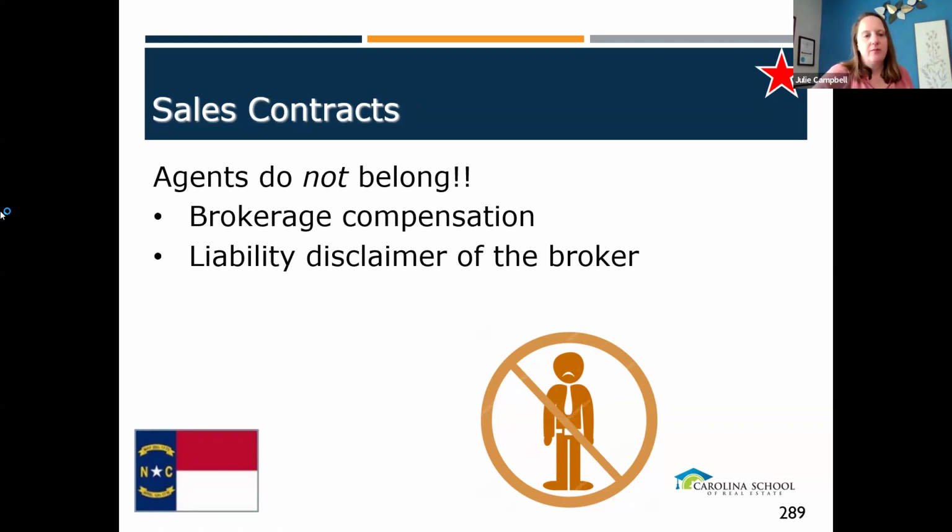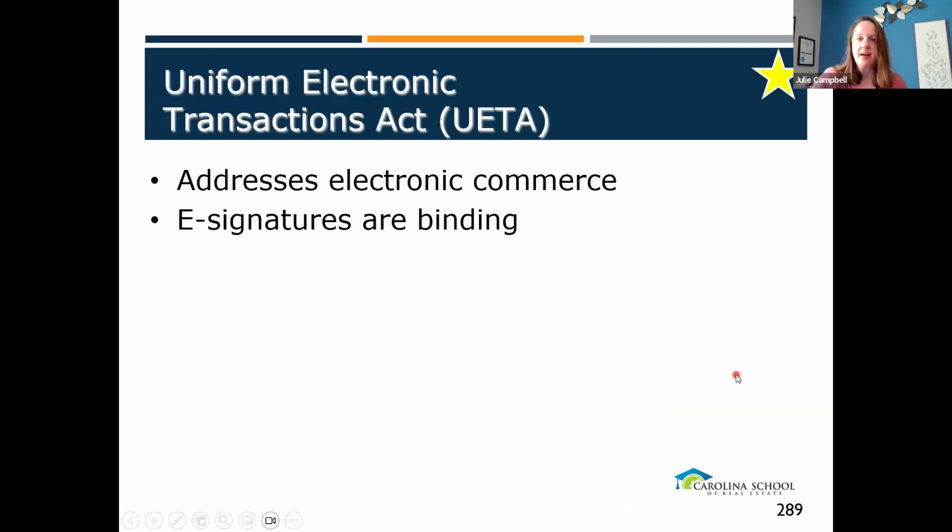When it comes to contract formation and communication, there's kind of some rules, some acts to be aware of. When it comes to our e-commerce, we have the UETA, the Uniform Electronic Transactions Act. There's a state level of this, FYI, which is the North Carolina UETA, the North Carolina Uniform Electronic Transactions Act.